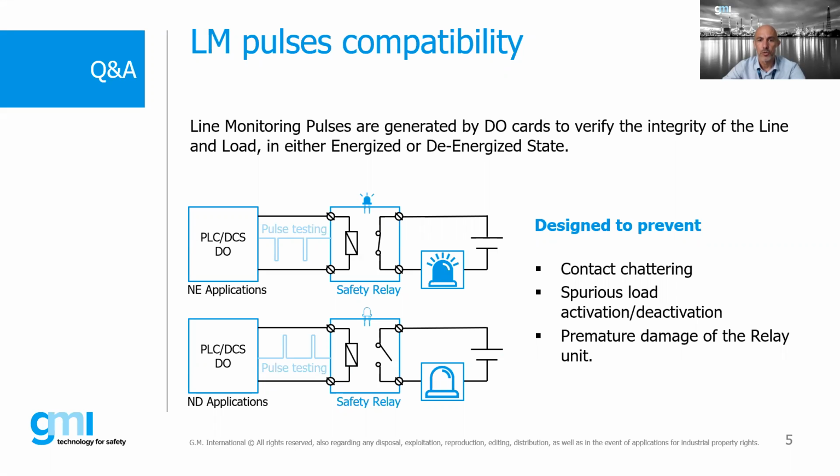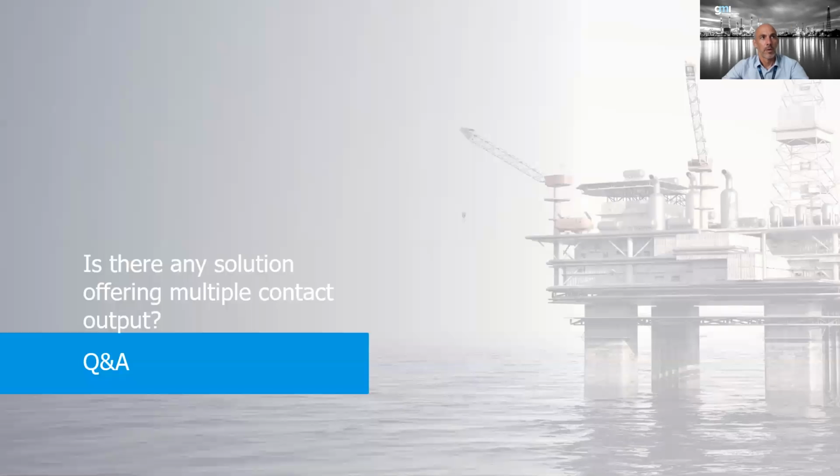So when choosing safety relays, from GMI or other manufacturers, you have to check this feature. The relay must be compatible with the pulse testing. Yes, it's fundamental. Okay, thank you, Andrea.